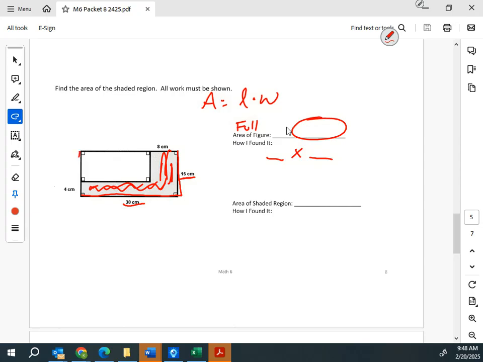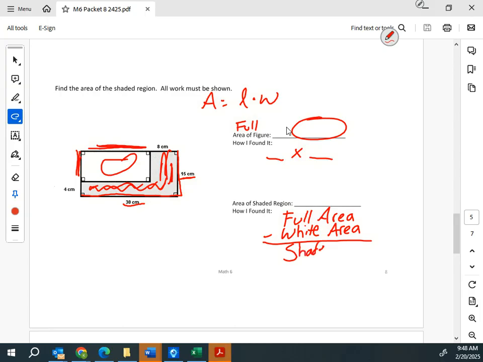So I need to figure out what my length times width is, using the numbers that they've given me. Find what this area is, and to find that shaded region, you do the full area minus the white area, and you are left with the shaded area.